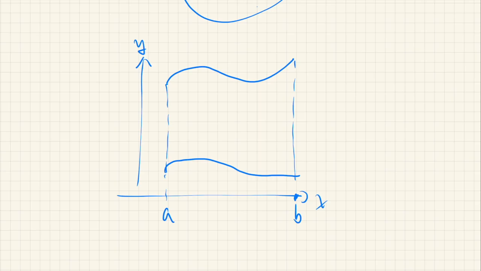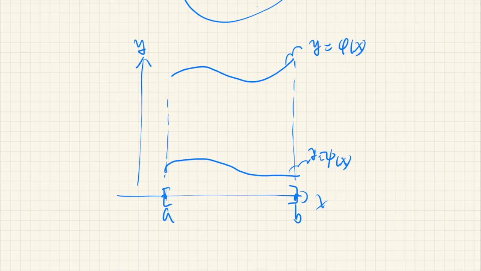Let's say this is psi of x, so y is equal to psi of x, and this is y is equal to phi of x.